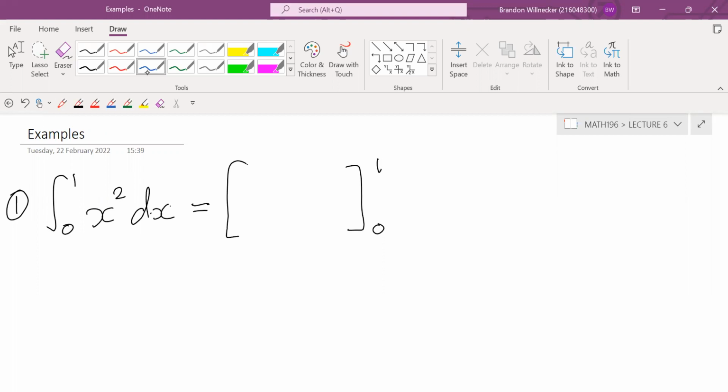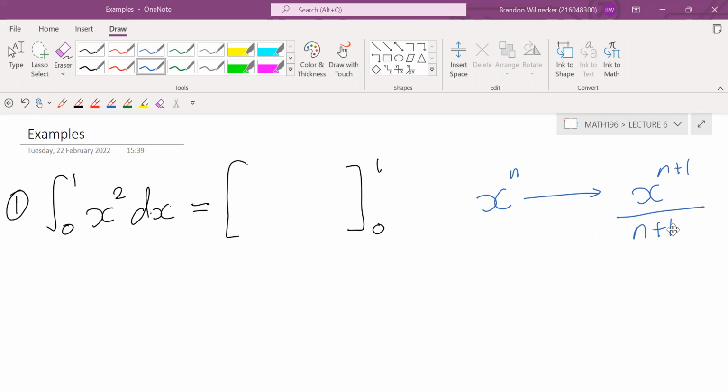So let's make a little note on how we find the antiderivative of a power function. Remember, if we have x to the n and we want to find the antiderivative, we have to add 1 to the exponent. So if it was n, the new exponent is n plus 1, and then we divide by the new exponent.